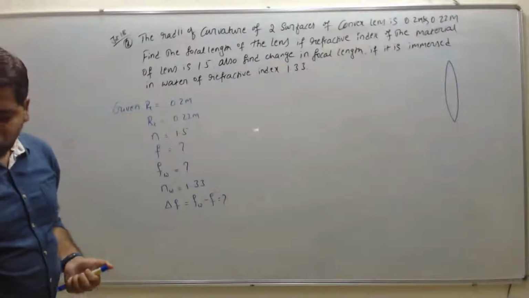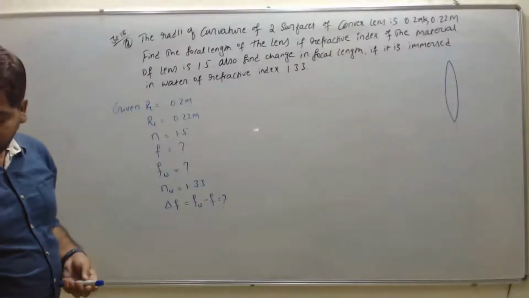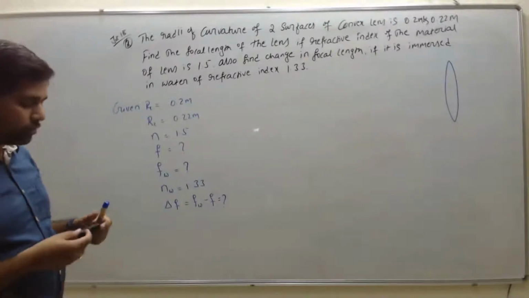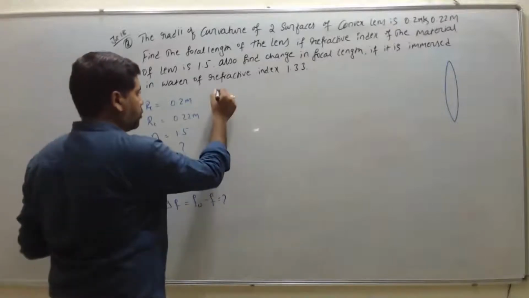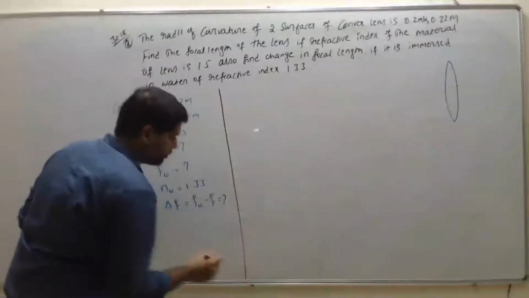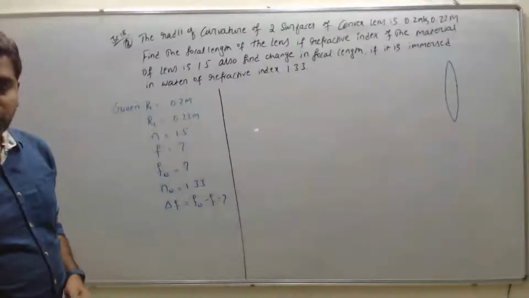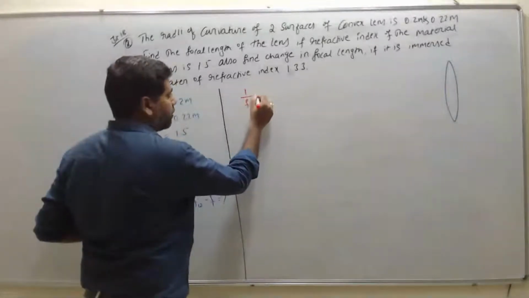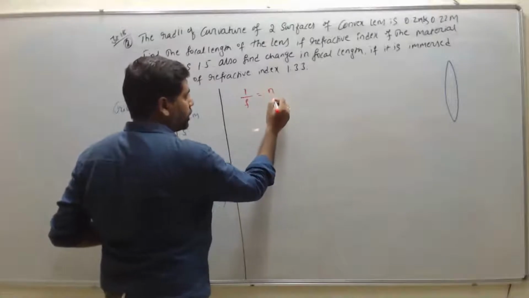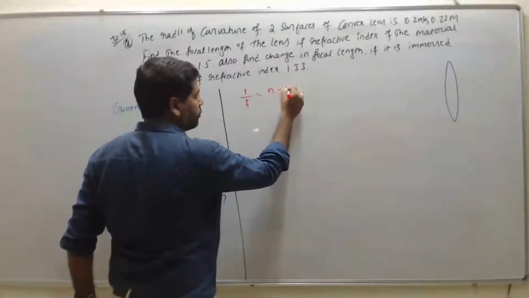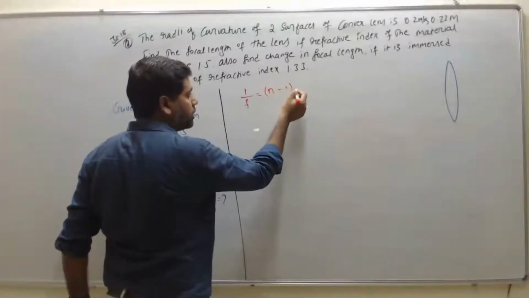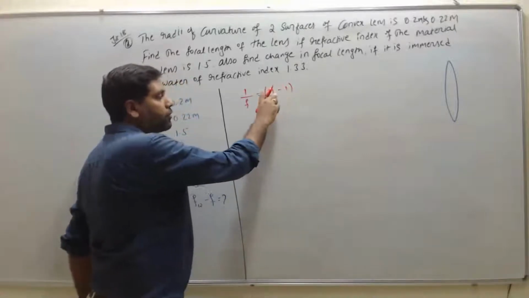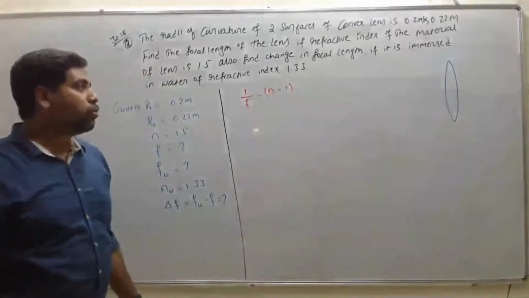Right? So we know the lens maker's formula. By using the lens maker's formula, 1 by F equals (n minus 1), that is n is the refractive index of the second medium with respect to the first medium.